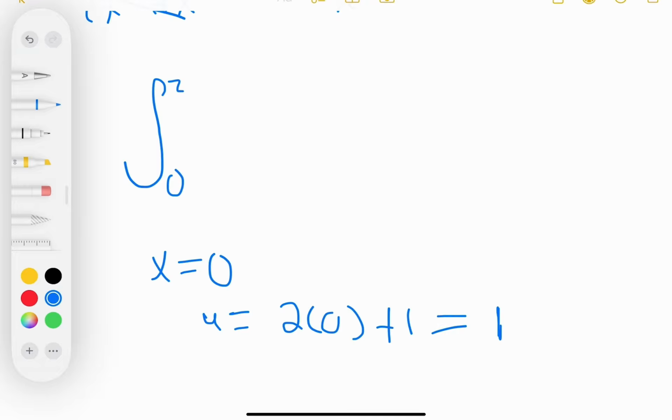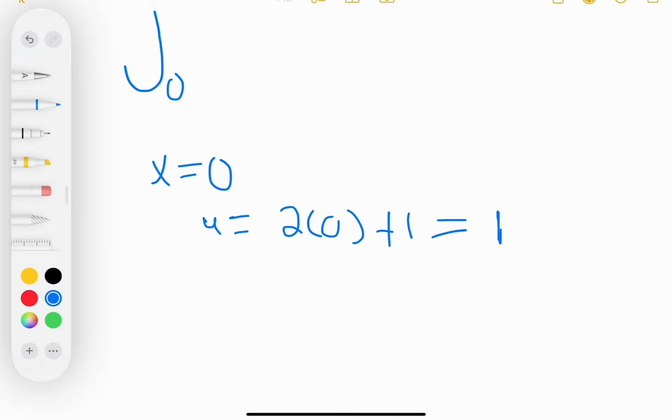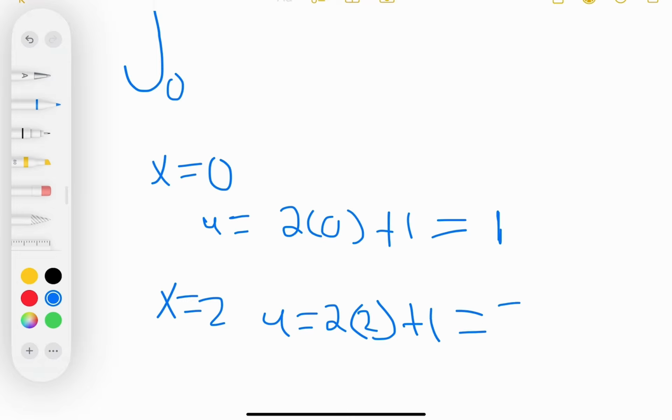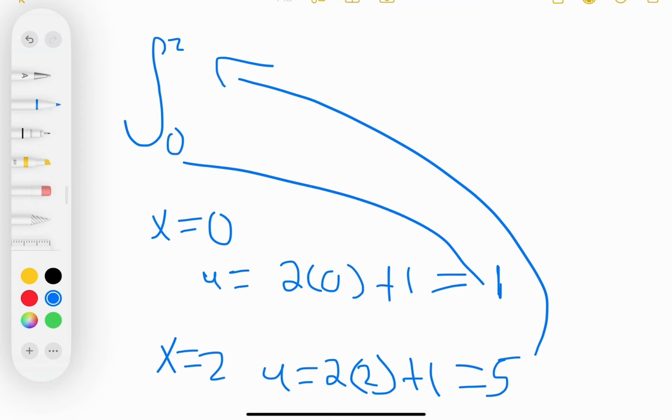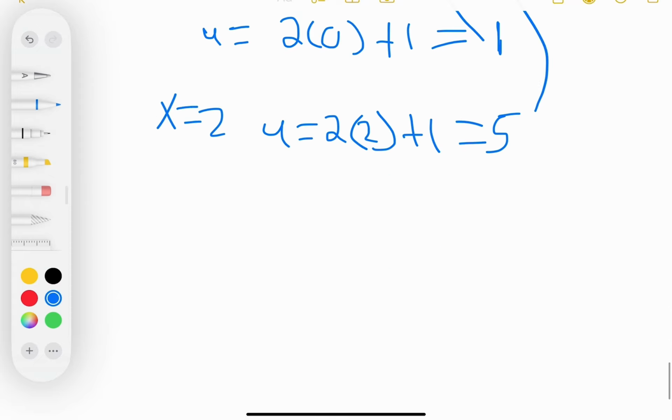And when x equals 2, u is 2 times 2 plus 1, which equals 5. So 1 is placed down here and 5 is placed up here. Our new bounds are 1 to 5, with u.